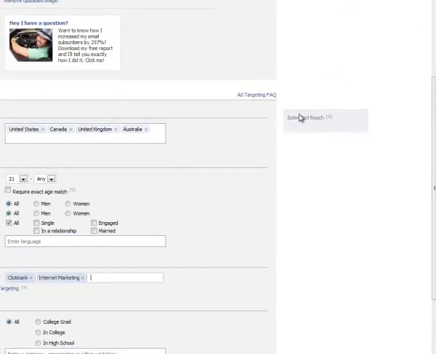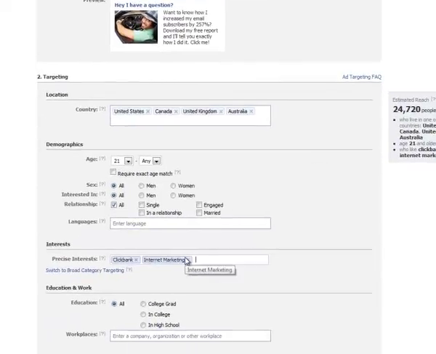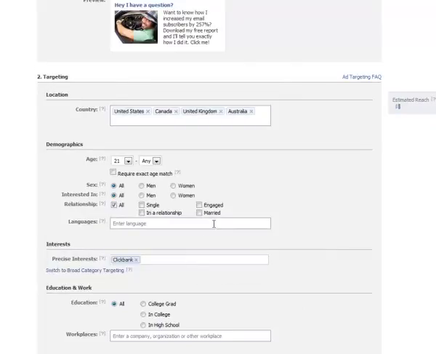This is important. The larger the estimated reach is, the more you're going to have to pay. The lower the reach, the more targeted it is. So my suggestion is the lowest you go is 500.